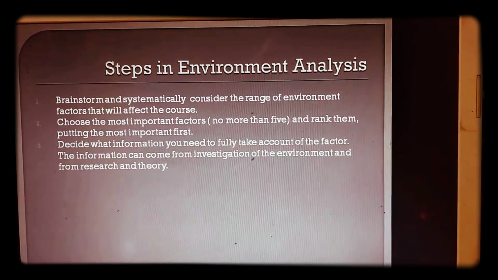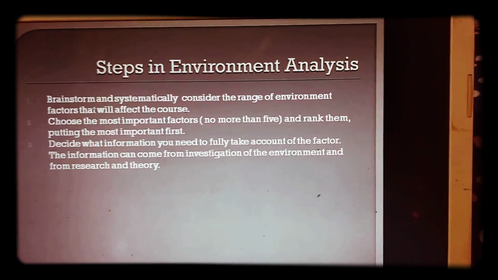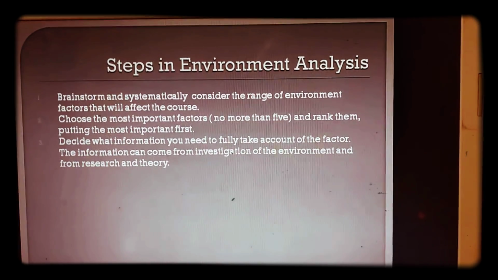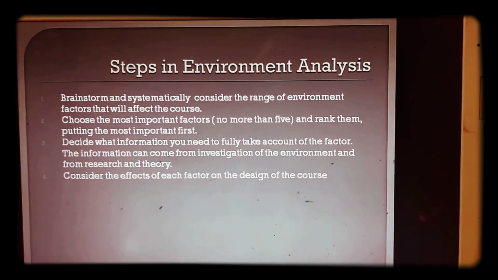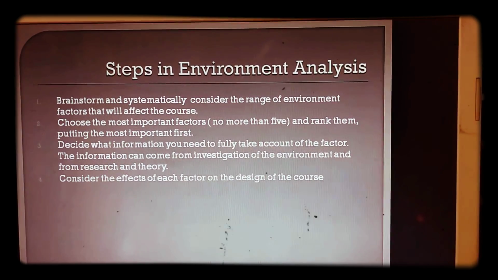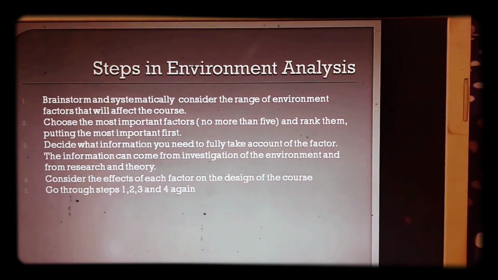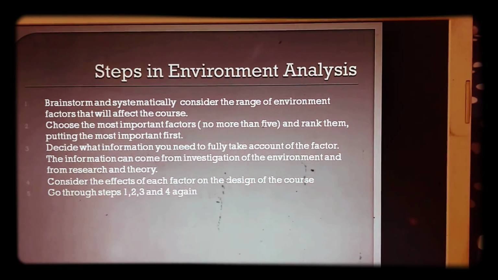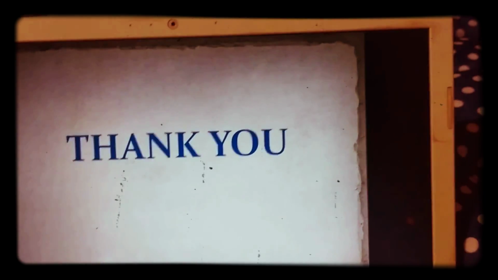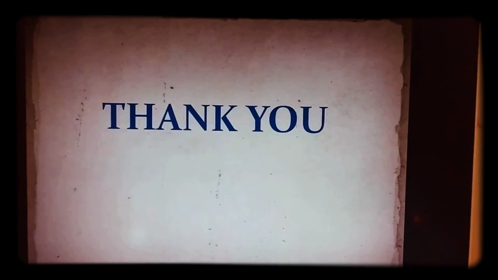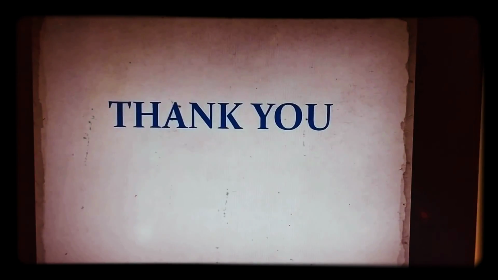The information can come from investigation of the environment and from research and theory. Okay, next, consider the effect of each factor on the design of the course. Next, go through steps 1, 2, 3, and 4 again. Okay, maybe that is the last slide that we have discussed today.